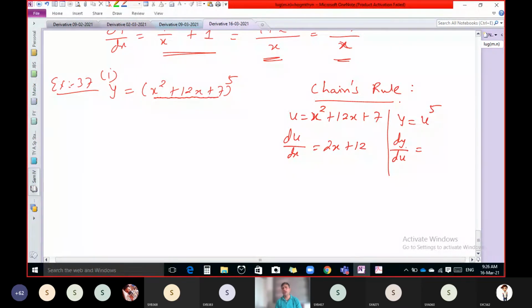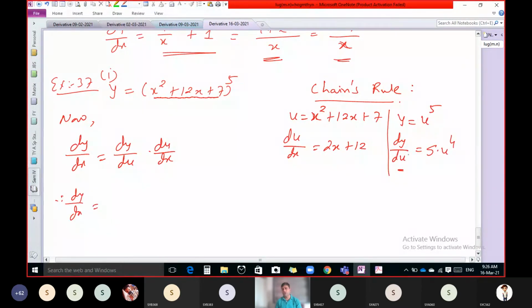Same way, the derivative of u raised to 5 with respect to u is 5 u raised to 4. Correct. Now the rule is dy by dx equal to dy by du into du by dx. This is chain rule. Now substitute values.